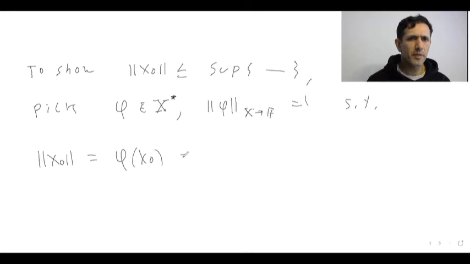Well, obviously then this is not negative, so it is equal to its absolute value. So this is one single phi with norm 1 in the dual space.